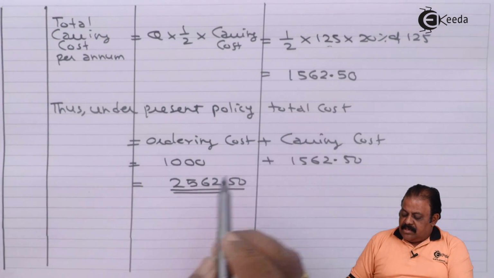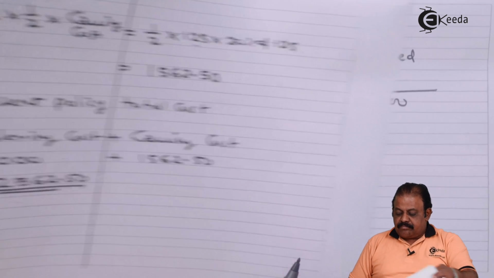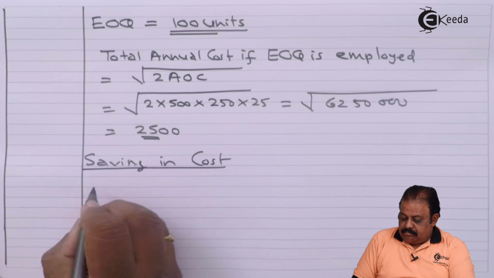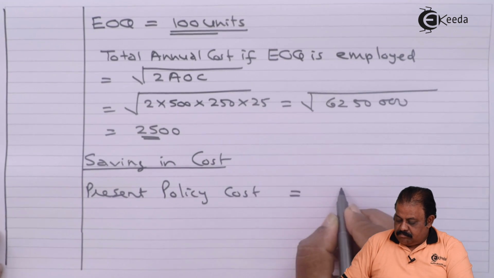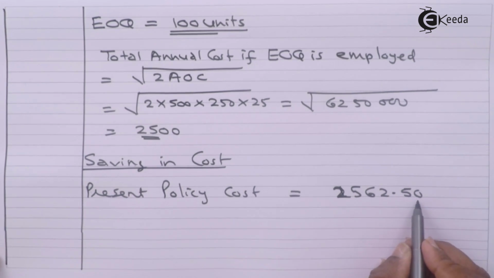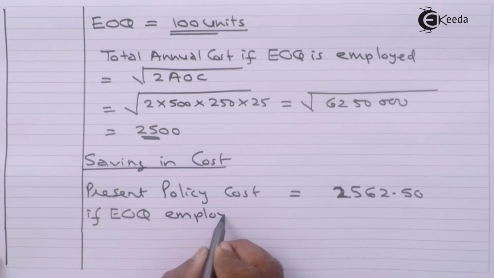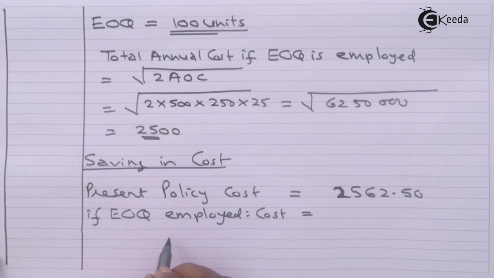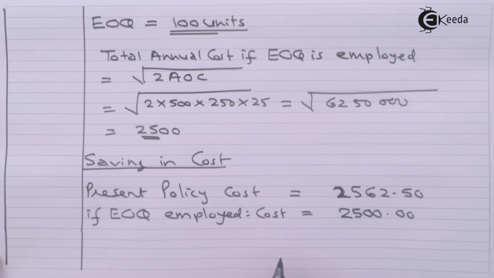Under present policy, cost is 2562.50. If economic order quantity concept is employed, total cost will be 2,500.